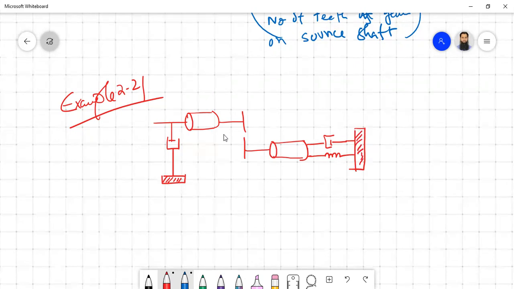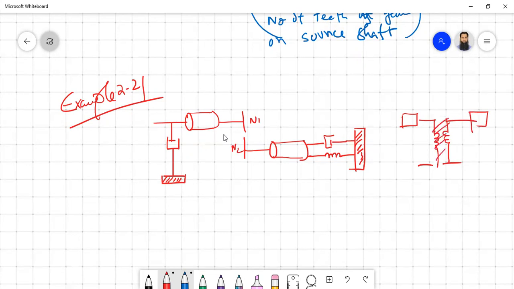So just like the electrical transformer, you have to remember one thing. Once we remove the transformer using the turns ratio, this point becomes a single point. Similarly, if we eliminate the gear, this is actually a continuation, the same point.